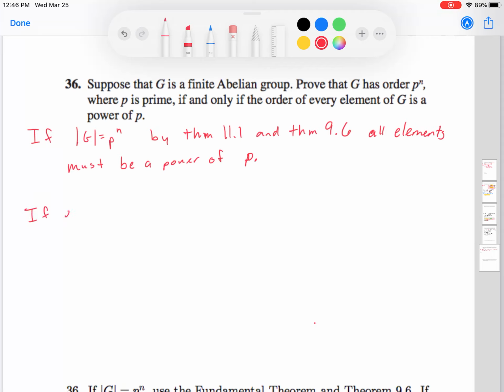So, if every element is a power of p, then let's use theorem 11.1 corollary.